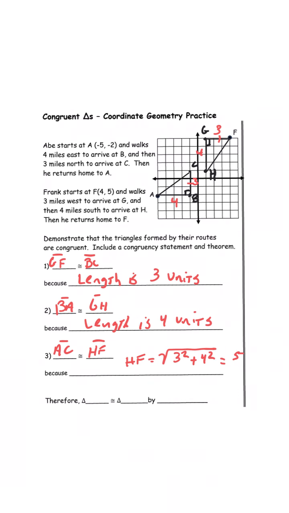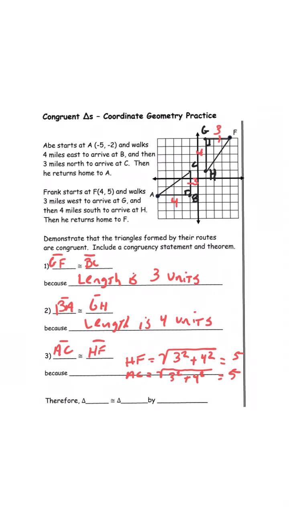And then I'm going to show that AC is equal to the square root of 3 squared plus 4 squared, and that's equal to 5. So both the lengths are the same.